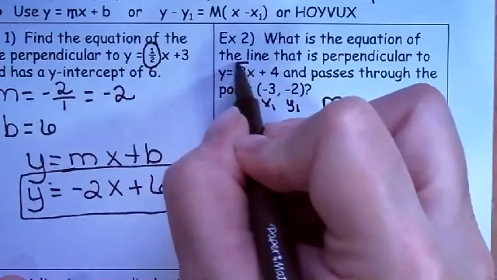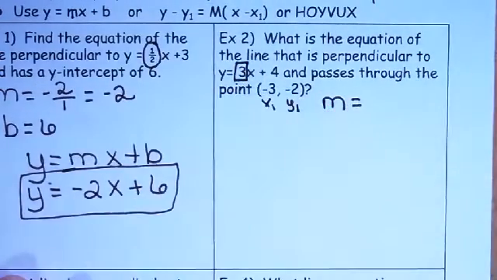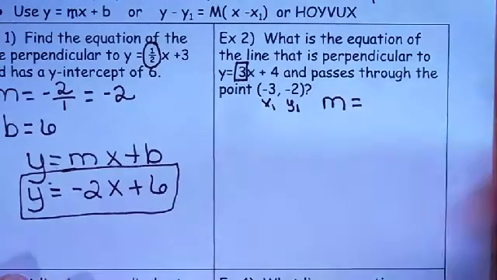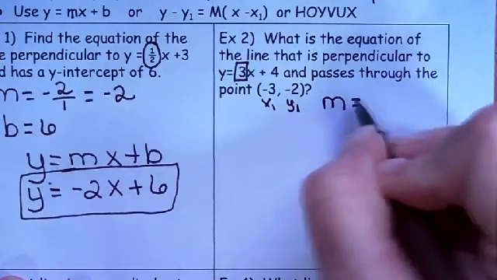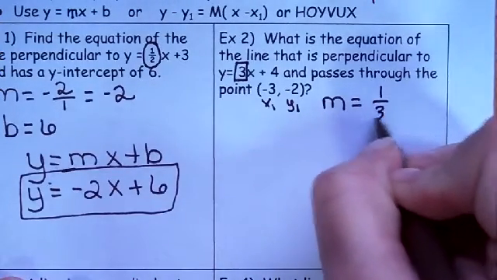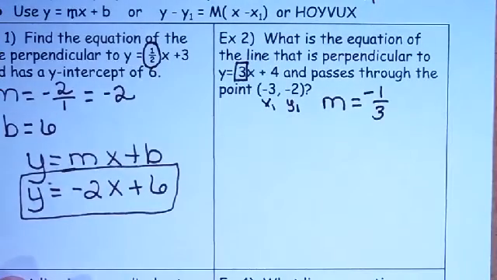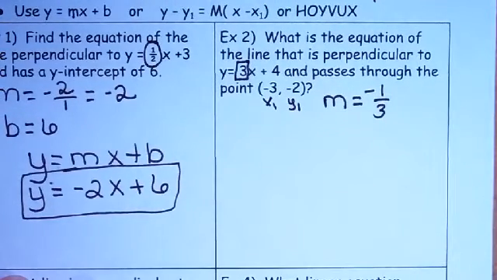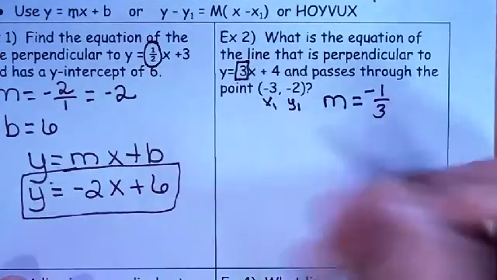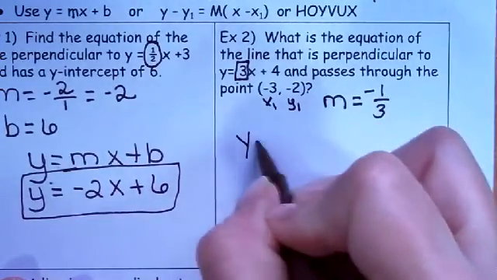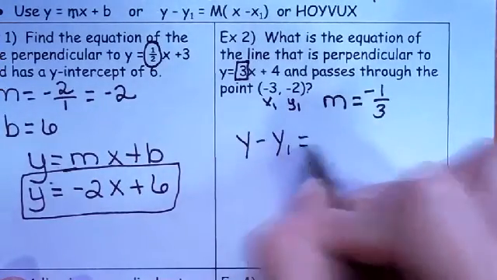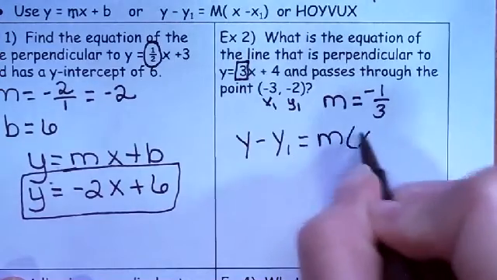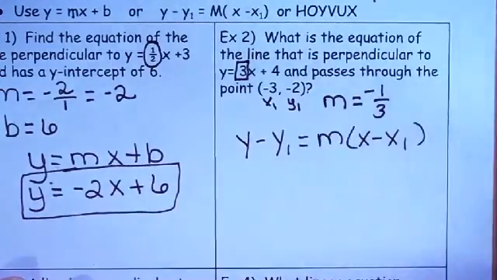My original line's slope is 3, so I need the negative reciprocal of that. The reciprocal of 3 is 1/3, and I have to change the sign, so I'm going to make it negative. Now I have my three numbers to put into my formula, so let's write the formula down: y minus y1 equals m times parentheses x minus x1.